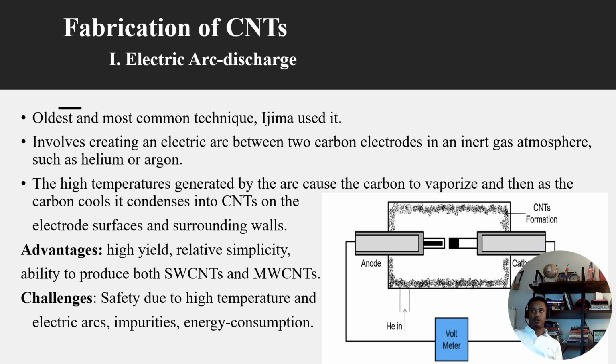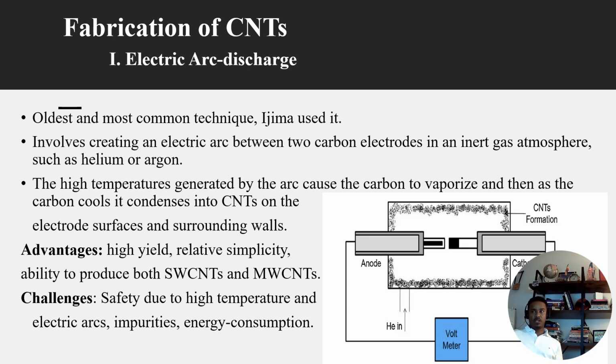So this method offers advantages such as high yield, being relatively simple, and the ability to produce both single-wall and multi-wall carbon nanotubes. However, it also comes with challenges, including safety concerns due to high temperature and electric arcs, obviously. Difficulty in controlling the growth process and energy consumption: because we use high temperature and electric arcs, we definitely need more energy.